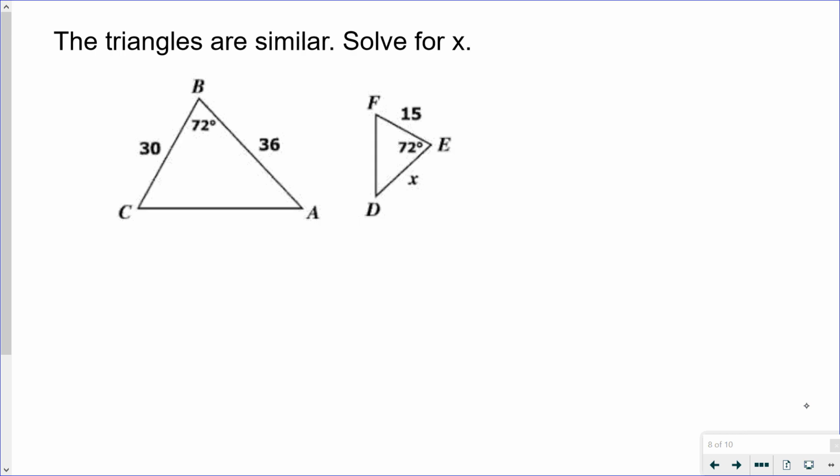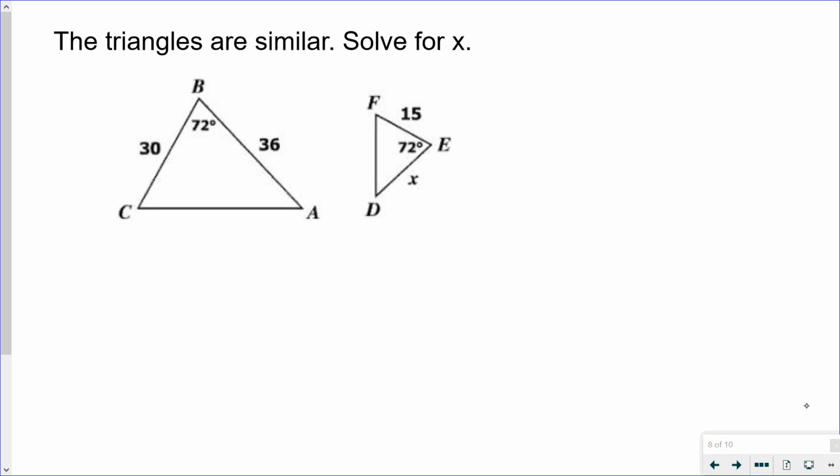We want to continue solving for the unknown length by looking at these corresponding angles first. Notice that angle B and angle E are congruent to each other, and we're told that these triangles are similar.